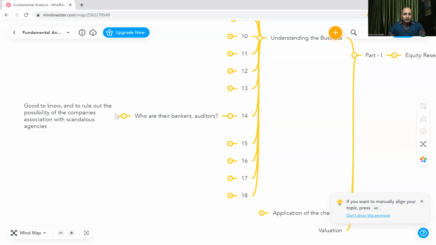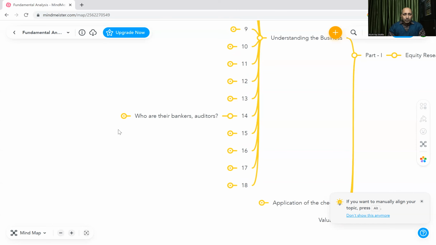Another thing is, who are their bankers and auditors? This is very important also. If their auditors and bankers are reputable ones, we can have trust.